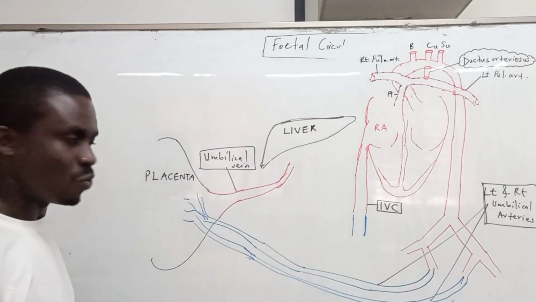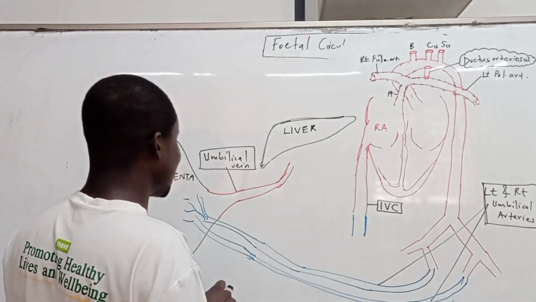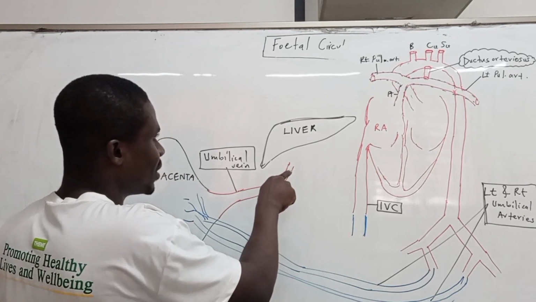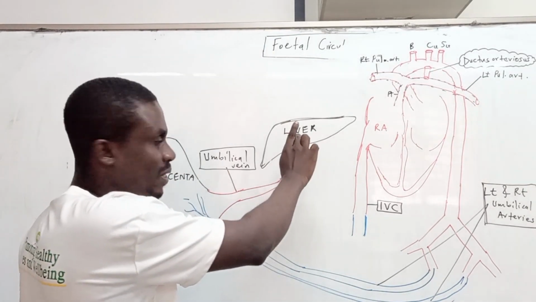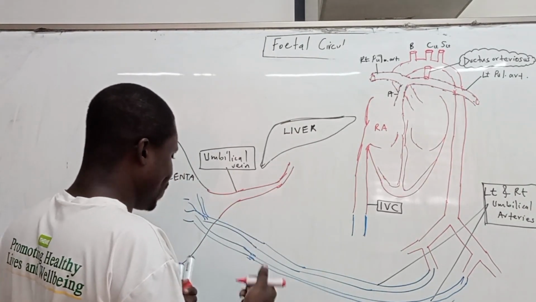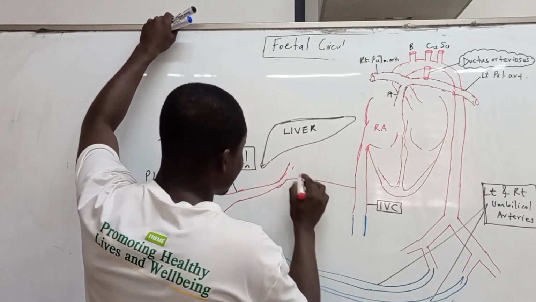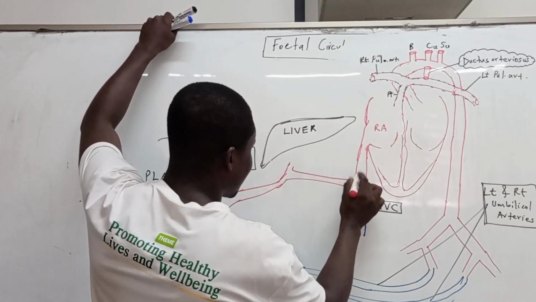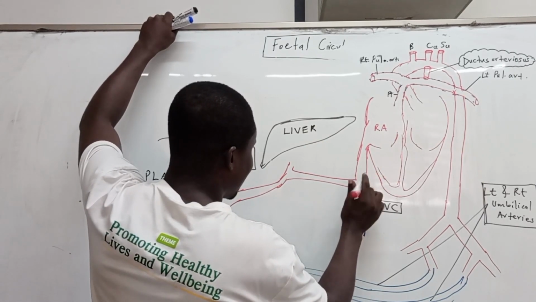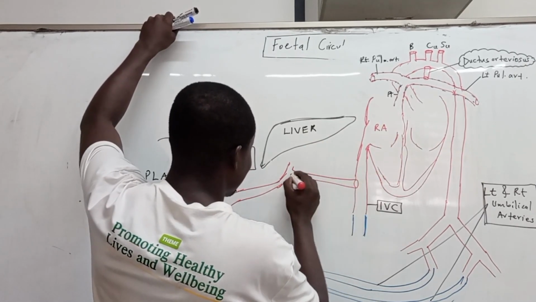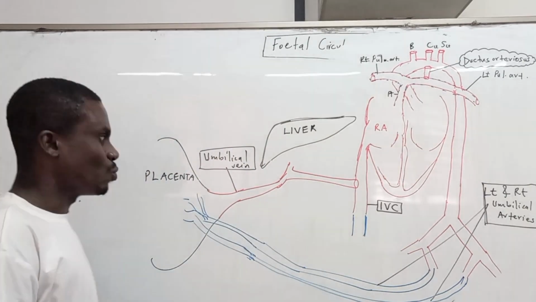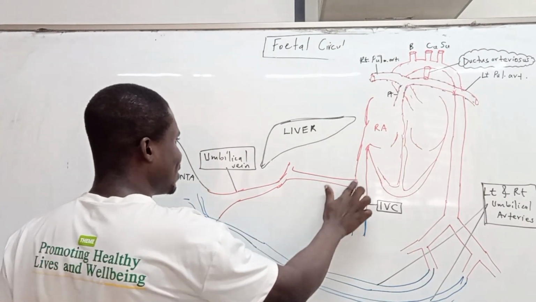One thing I want you to follow is that this umbilical vein eventually has to come to the liver, but significantly it will bypass it, and then of course it will come here. So this is through a shunt system.